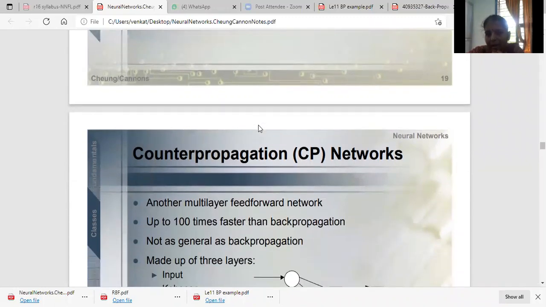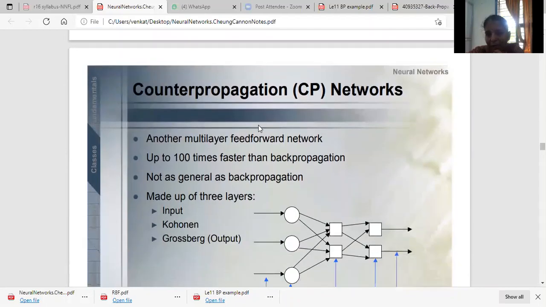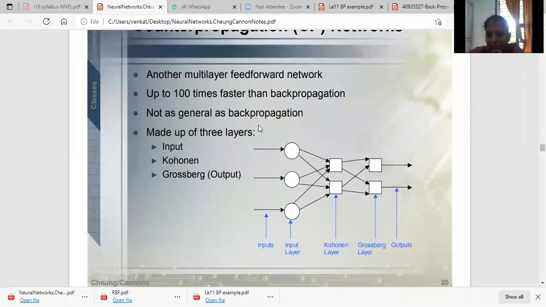This is another multi-layer feed-forward network. It is 100 times faster than your backpropagation algorithm. Not as general as your backpropagation. It is made up of three layers: input layer, Kohonen, and Grossberg layers.